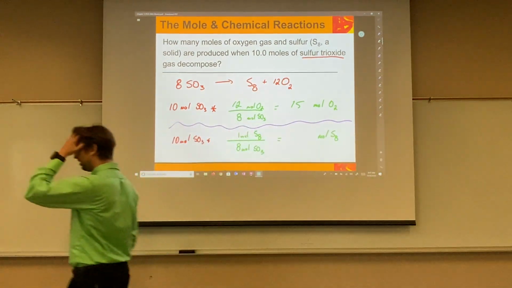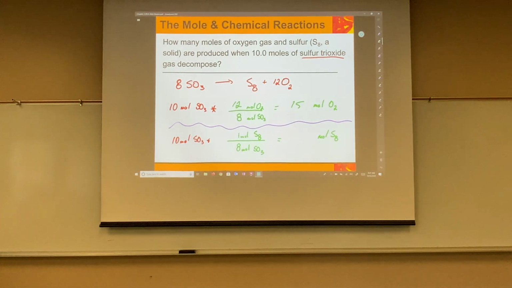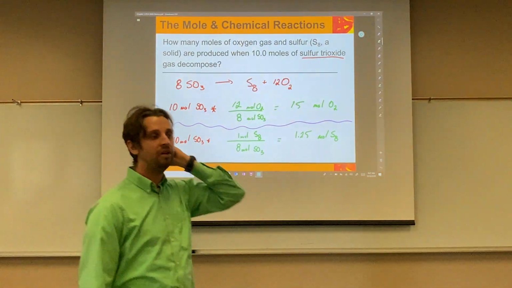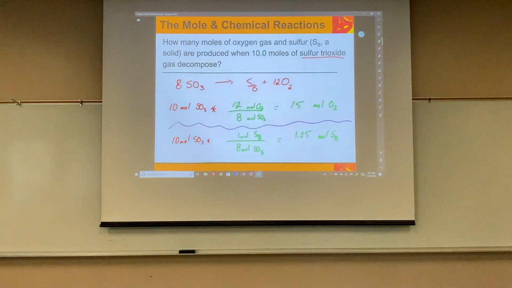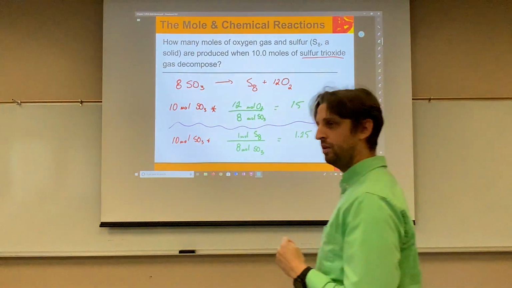And so if I mathed it up properly, 0.25. Right? So what's the answer? For every 10 moles of SO3, I make 1.25 moles of sulfur and 15 moles of oxygen. Got it? That's it.